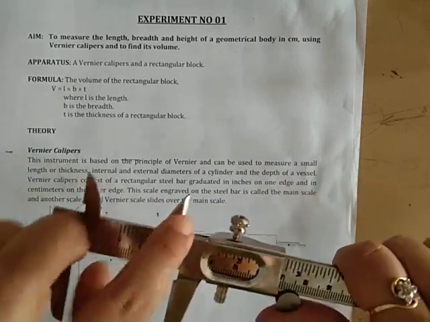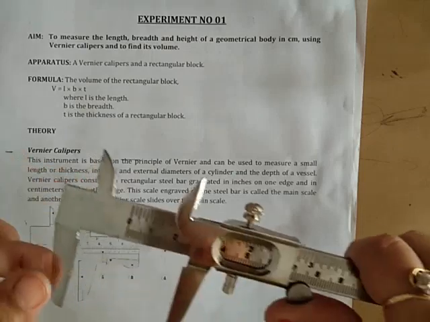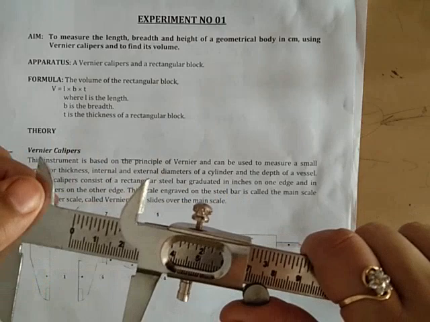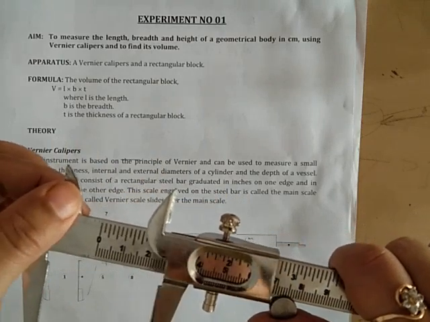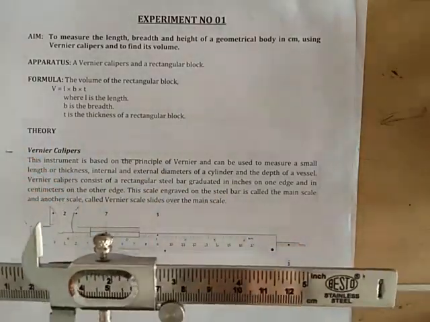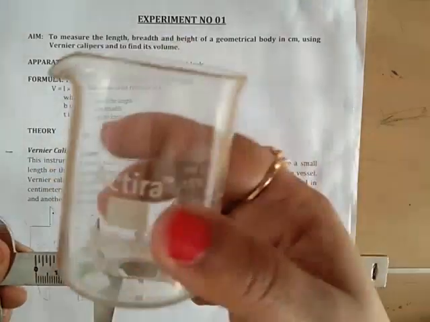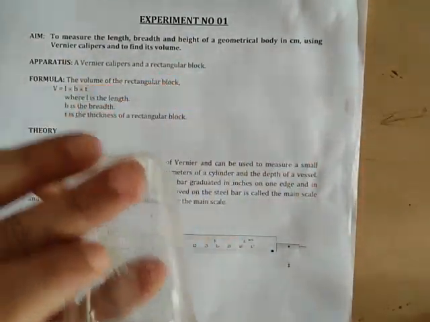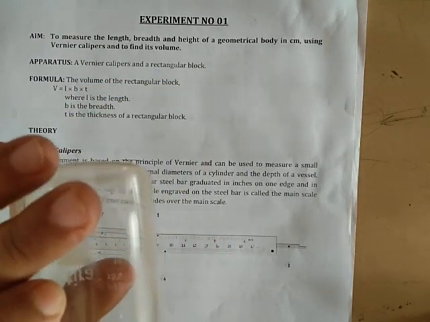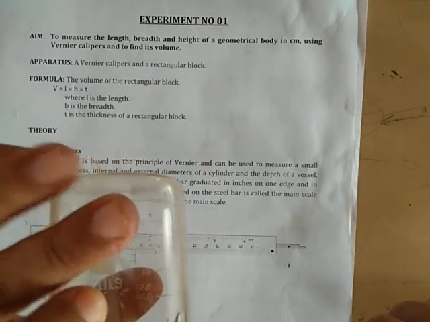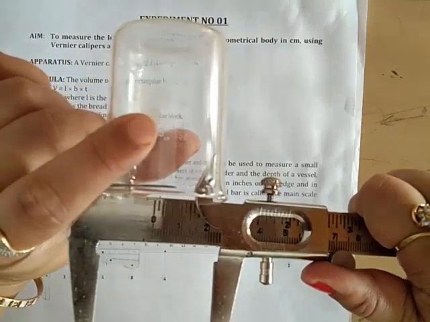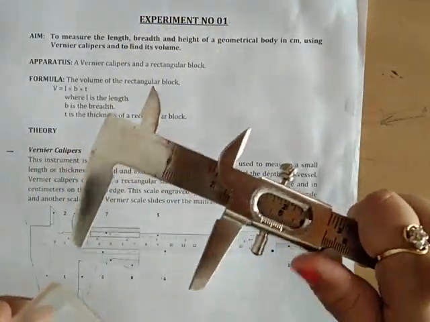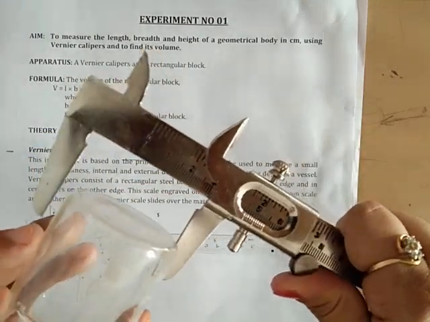Here this is called jaws. There are upper jaws and lower jaws. Upper jaws are for internal diameter of any cylinder. This is cylinder and we can find the inner diameter of cylinder with the help of these upper jaws, and these are outer jaws.